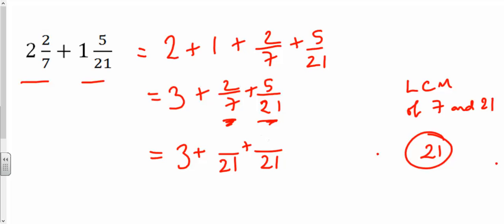The second one's already done, it's already in 21sts. So 2/7. Right, what have I done to the denominator? I've multiplied that by 3. Let's do the same to the numerator. 2 times 3 makes 6. So 6/21 is exactly the same as 2/7. So I can now add them together because I've got the same denominator. I've got 3 and 6 plus 5 makes 11/21.